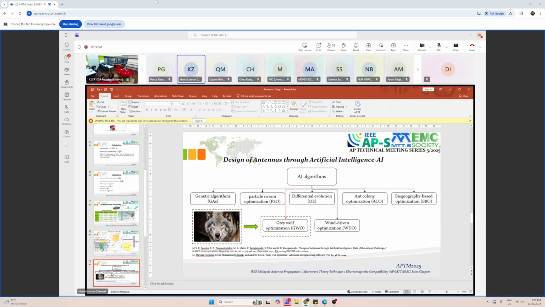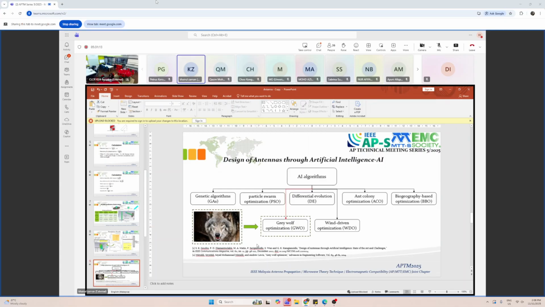Each algorithm has advantages and disadvantages. For example, genetic algorithm, particle swarm optimization, differential evolution, ant colony optimization, biogeography-based optimization, grey wolf optimization, wind-driven optimization. These are all types of algorithms that you can use to enhance the antenna performance.